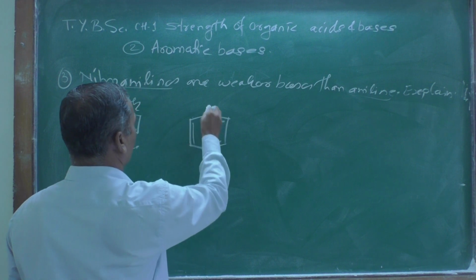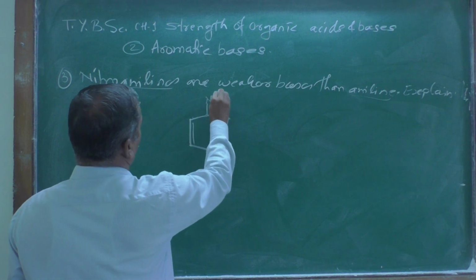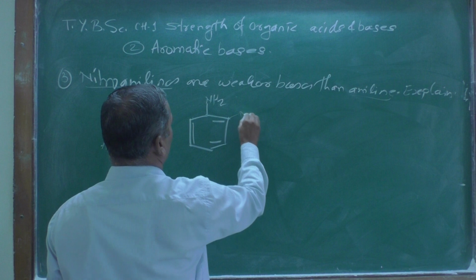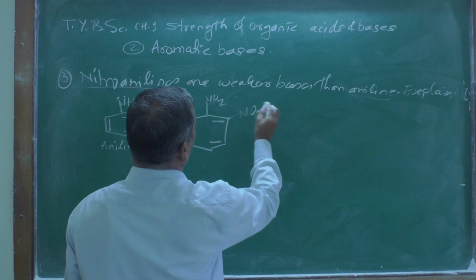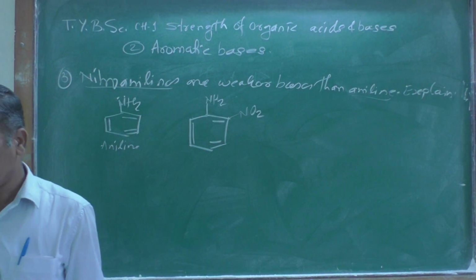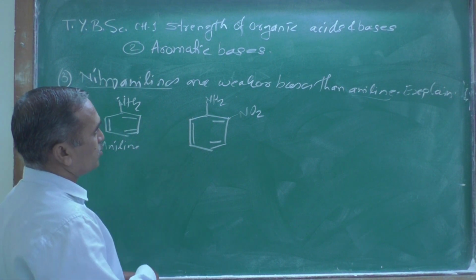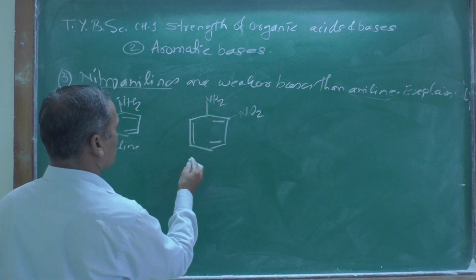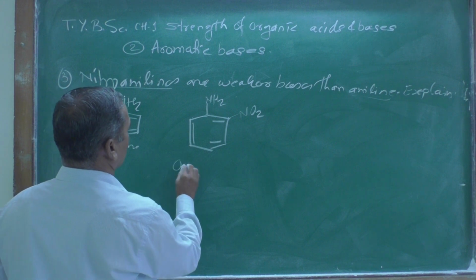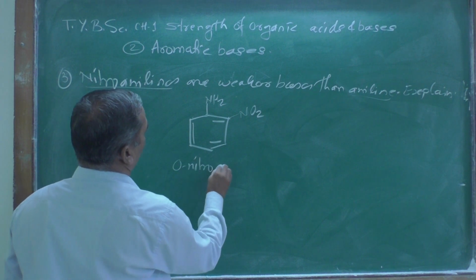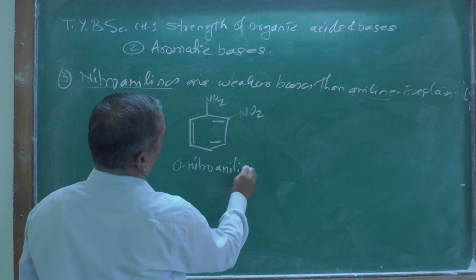Now you tell me the name of this aniline, this one, with NO2. This is orthonitroaniline.